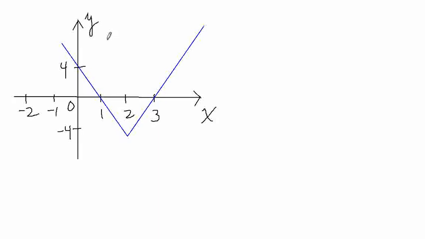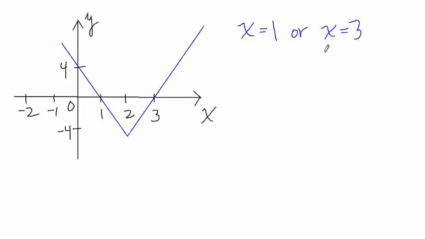All right, so this is the graph of an absolute value function. There's lots of information we can extract from the graph. So x values where the function is equal to 0. If you want the function to be 0, that occurs where x is equal to 1 or when x is equal to 3.